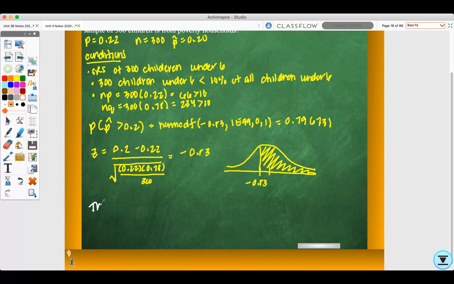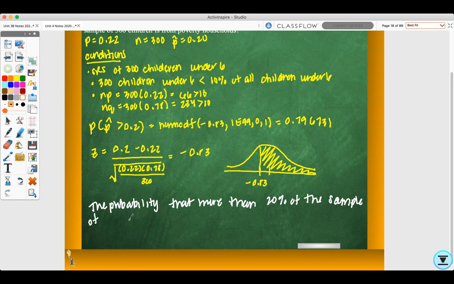The probability that more than 20% of the sample of 300 children is from poverty households is 0.798.